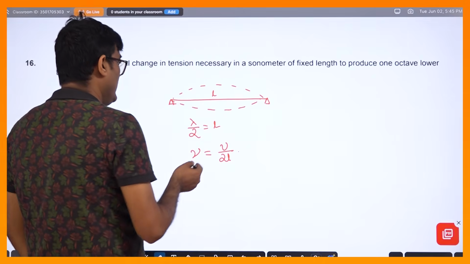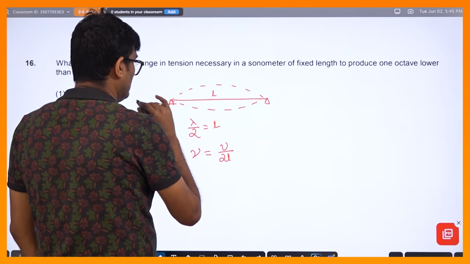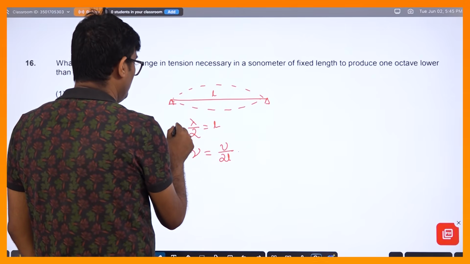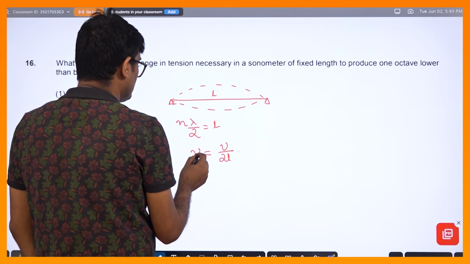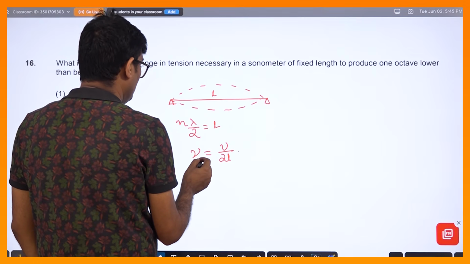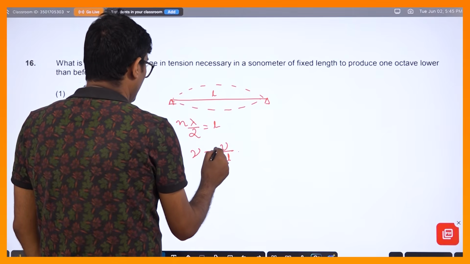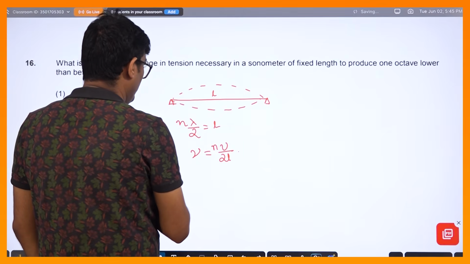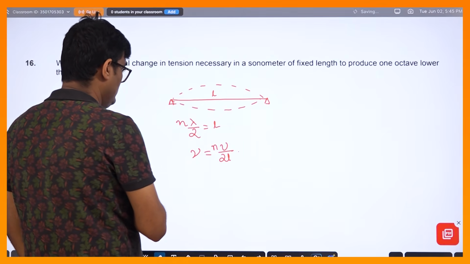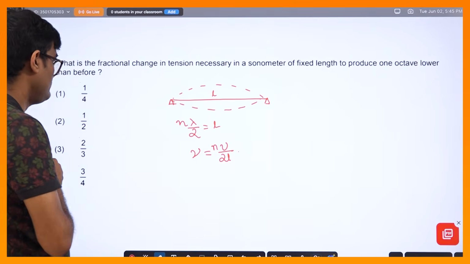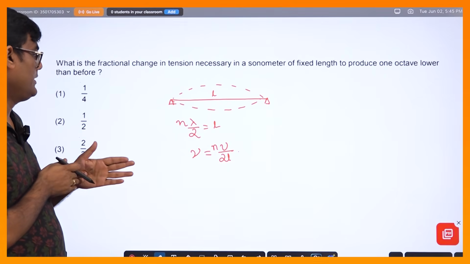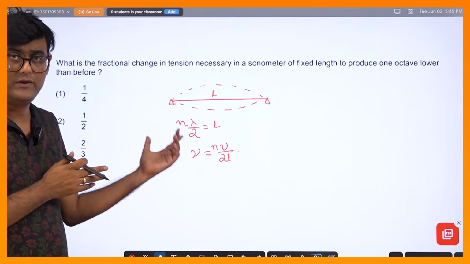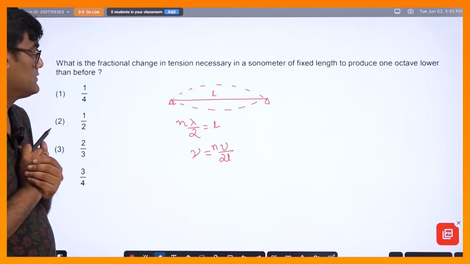So if there are n number of loops, then nλ/2 is equal to L. So the frequency is equal to nv/2L, because λ equals 2L/n and v/λ equals nv/2L. That is the frequency of a sonometer wire.